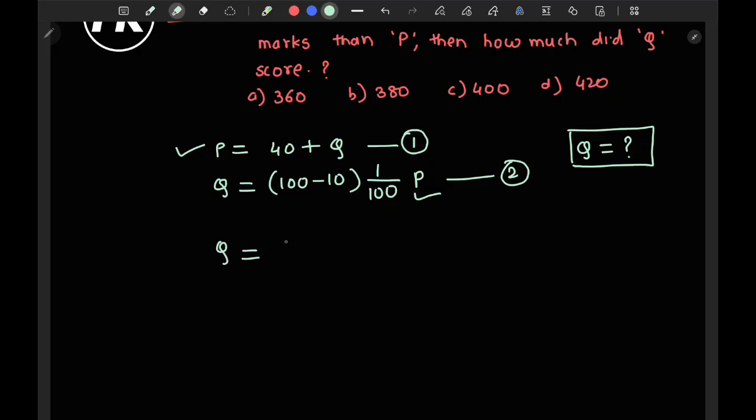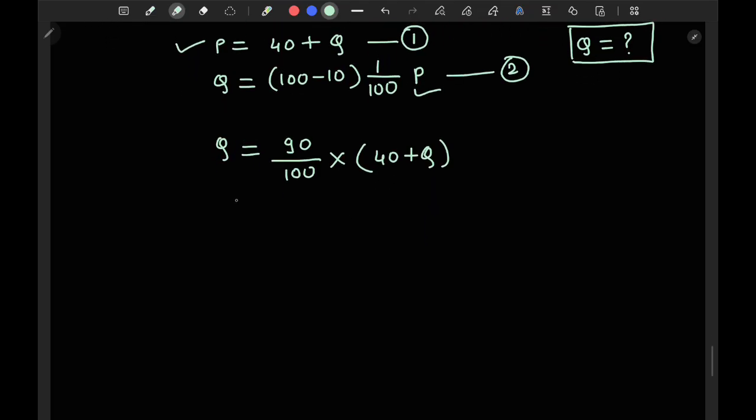So should I write Q is equal to 90 divided by 100, and then I'll put the value of P, which is 40 plus Q. So I just put this value in this equation. I'm rewriting the equation. Okay, now let's solve the bracket. So Q is equal to 9 by 10 into 40 plus 9 by 10 into Q.